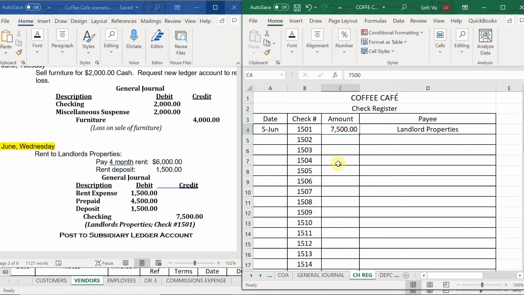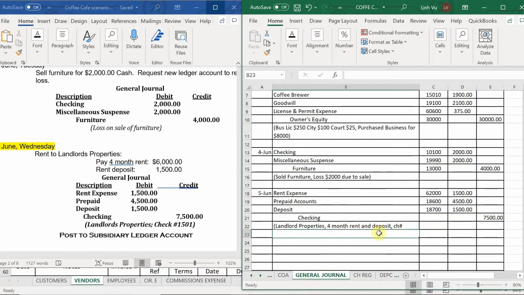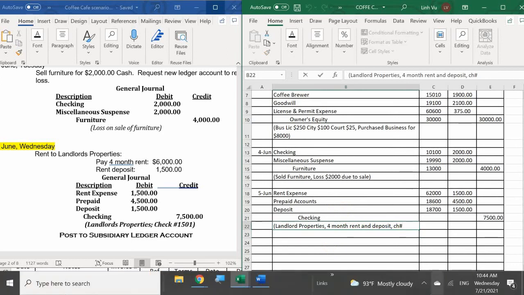I wrote my check. It's check number 1501. So that's why I'm going to go back to my journal and I'm going to fill that piece of crucial information in there, because now I'm linking all of my transactions with the proper source documents.